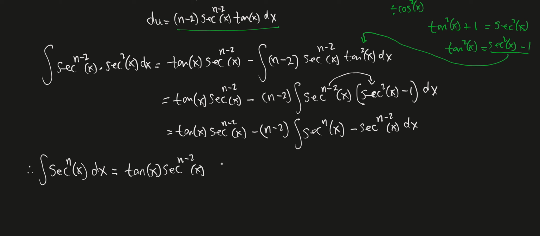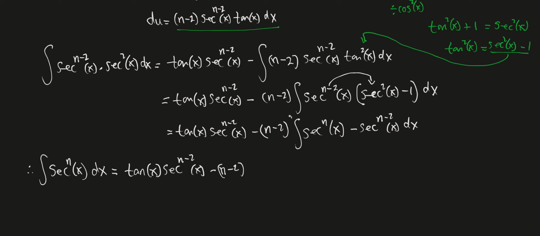Like that. And now what I'm going to do is use our properties of the integral and split this into two separate integrals, where one is the integral of secant to the nth power, and then minus the integral of secant to the n minus 2 power. Now, they're both going to be multiplied by this, so let's write this down carefully.